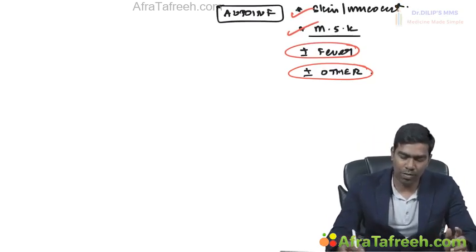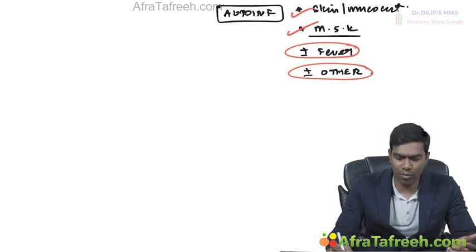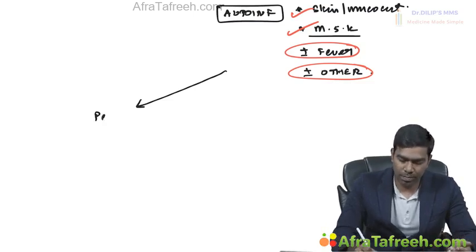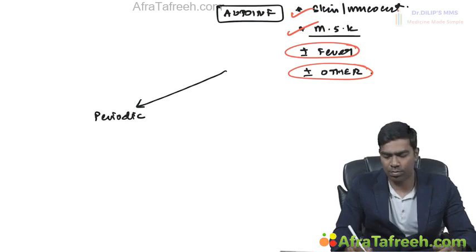Whenever you think about an autoinflammatory syndrome, you can divide it into basically 3 to 4 types. One is the periodic and recurrent fever syndromes.